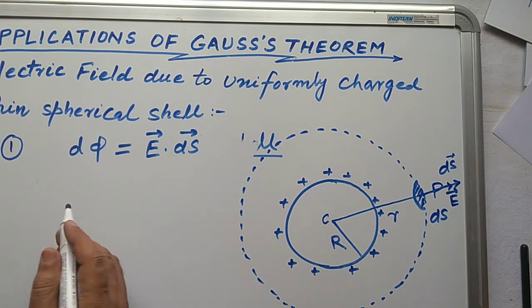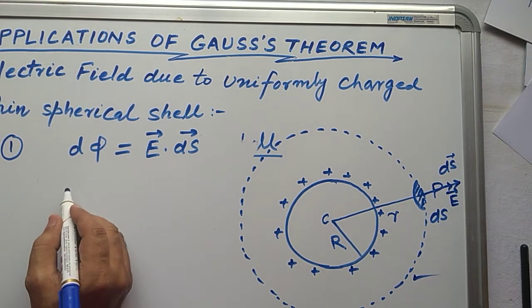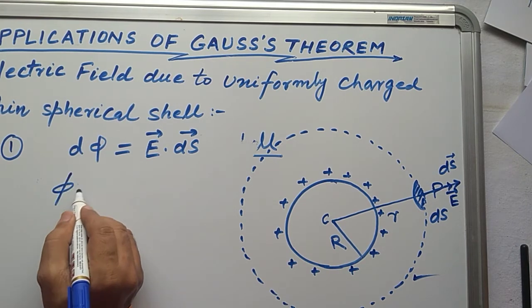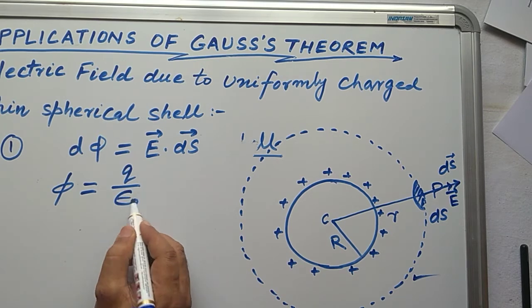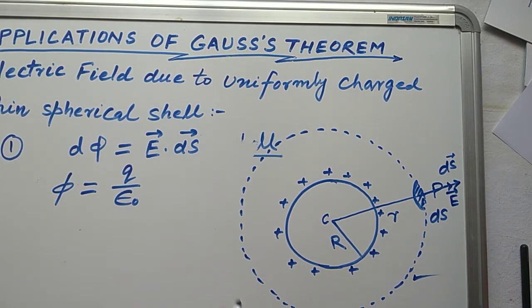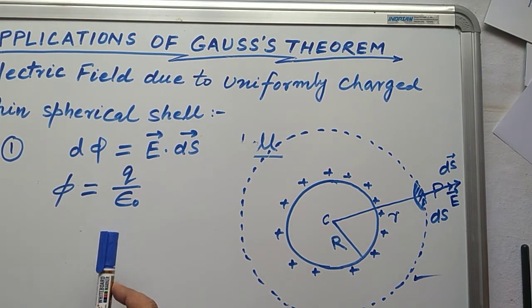Now apply Gauss theorem for the whole spherical Gaussian surface. Using Gauss theorem, phi equal to q by epsilon naught. Please keep in mind, we are using Gauss theorem, we are not proving Gauss theorem. As per the Gauss theorem, the net flux passing through a closed Gaussian surface is equal to 1 upon epsilon naught times the net charge enclosed by the closed Gaussian surface.